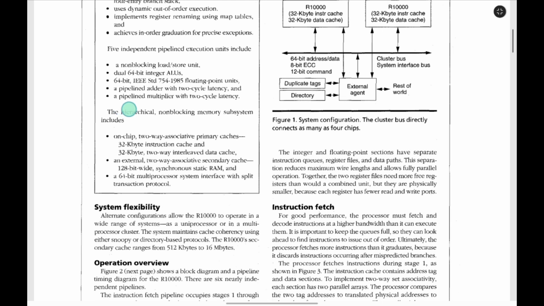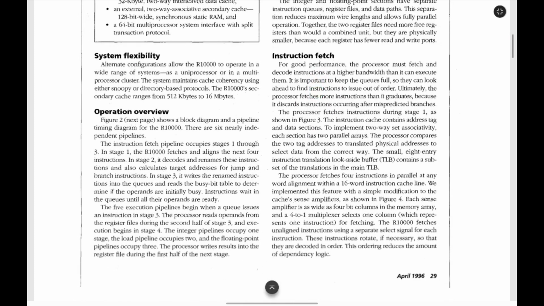The hierarchical non-blocking memory subsystem includes on-chip two-way set-associative primary caches, a 32-kilobyte instruction cache and a 32-kilobyte two-way interleaved data cache, an external two-way set-associative secondary cache with a 128-bit wide synchronous static RAM interface, and a 64-bit microprocessor system interface with a split-transaction protocol.